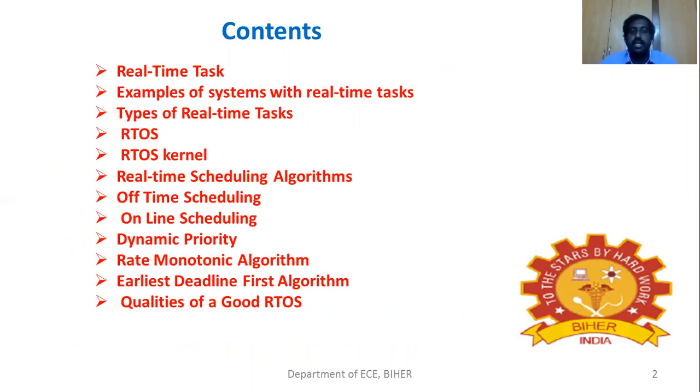Then the real-time scheduling algorithms used: online scheduling and offline scheduling algorithms, dynamic priority, the rate monotonic algorithm, and the earliest deadline first algorithm. Finally, we conclude the session with the qualities of a good real-time operating system.